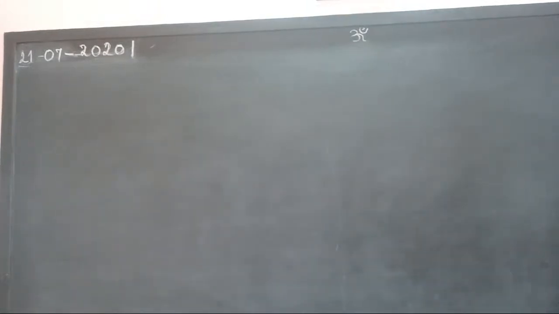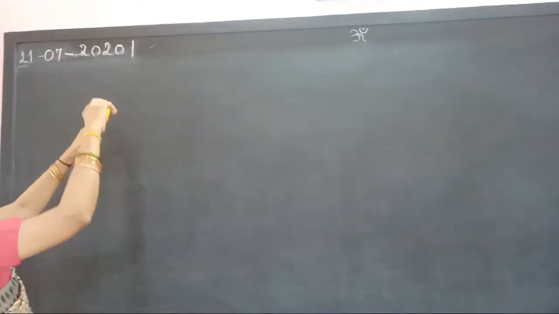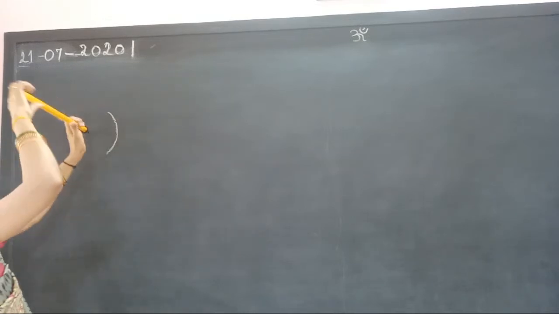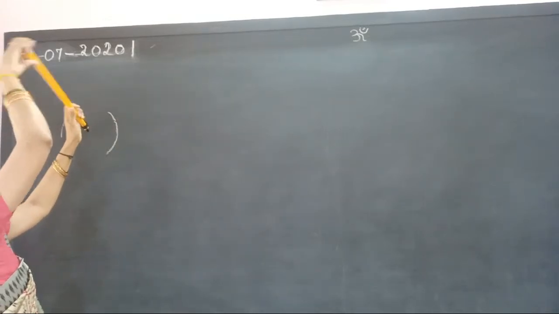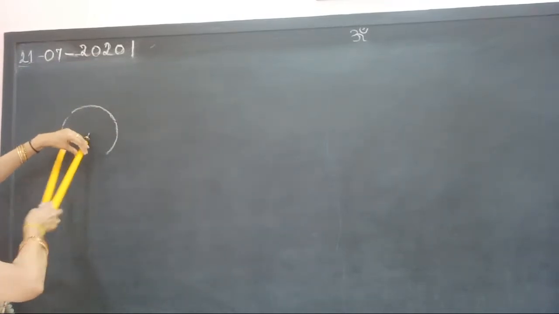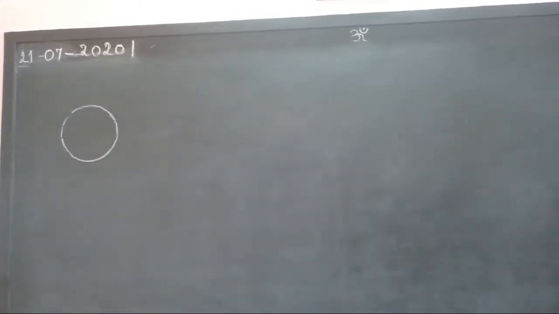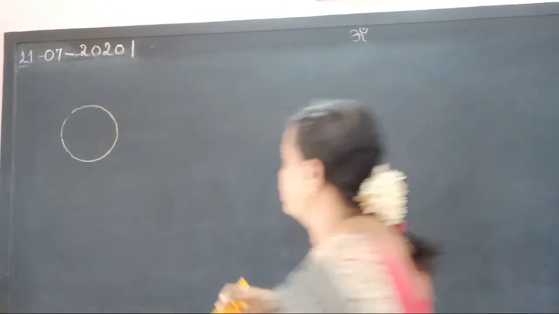First question. In the figure, O is the center of the circle. Get the figure, please. Draw a circle using a compass or any circular object. And PQ is a tangent to it.